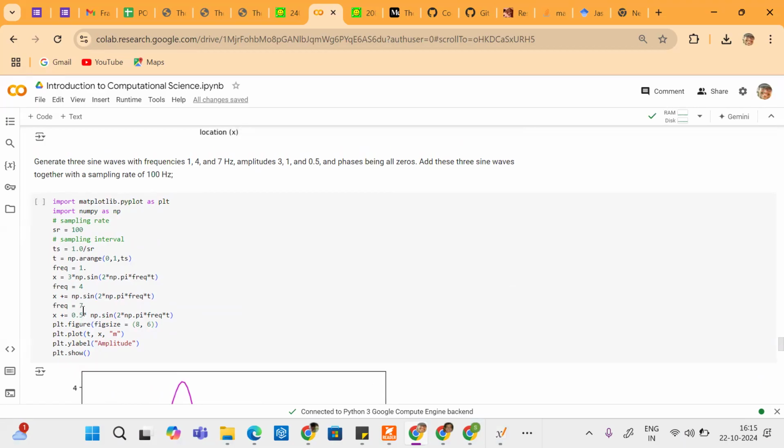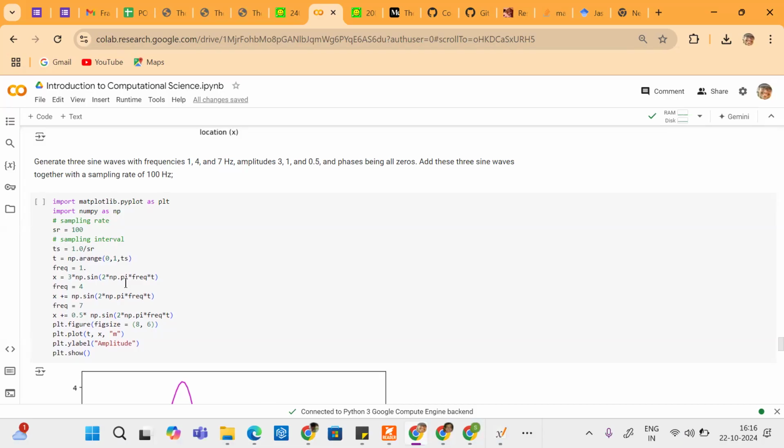Okay. So frequency is 1, fine. Let us see first this line. See my cursor. Are you able to see the cursor? x equals 3 into sine 2 pi f t. So what is being written there in the code is 3 sine 2 pi f t. Okay. Can you decode this?